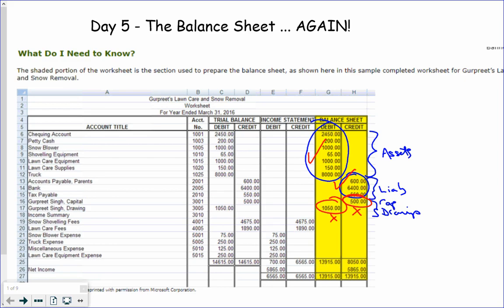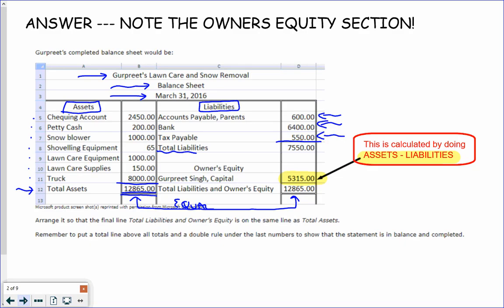Okay? So one option is to simply copy in your assets, copy in your liabilities, and then understand that this side has to be the same as this side. So if I just subtract assets and liabilities, I get out the capital. Okay? And notice it's only the capital. We don't put drawings or anything else. It's just owner's name, comma, capital.